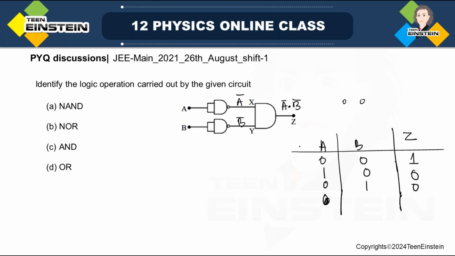So what will be the truth table for NAND gate? I think, yeah, so 0, 0, 1 is fine. This is 1, 0. That will be giving you 0.